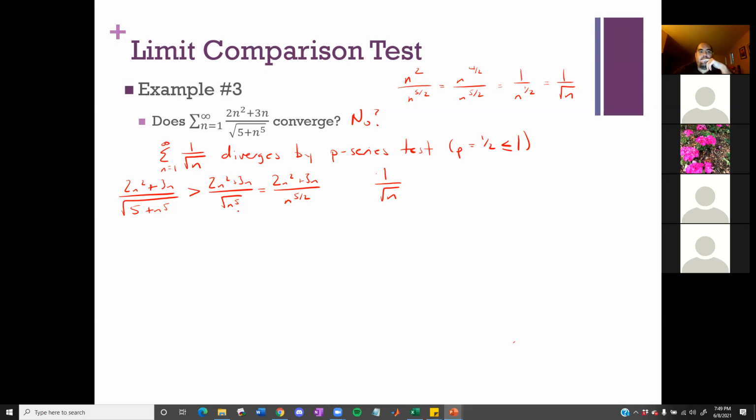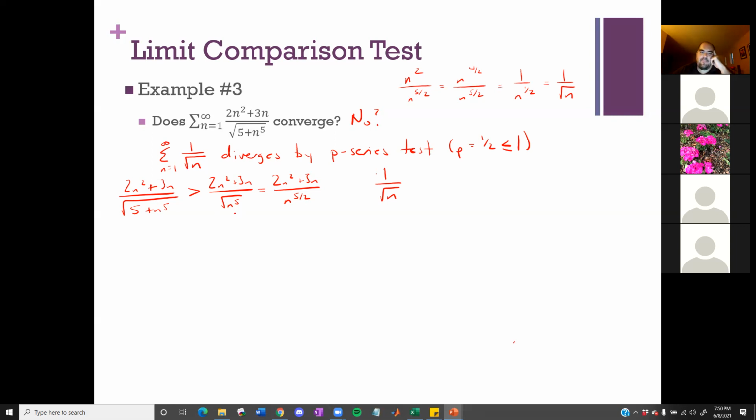I mean, you get square root of n, but then you split it, you get 1 over square root of n cubed, right? But if I split them up, I'm still going to have to add the series together.